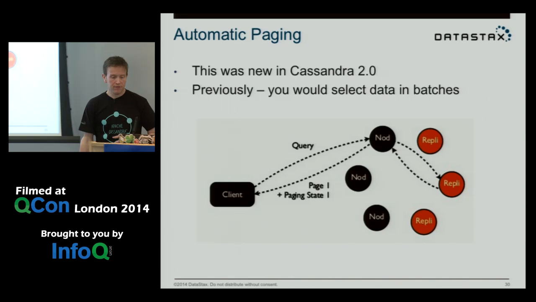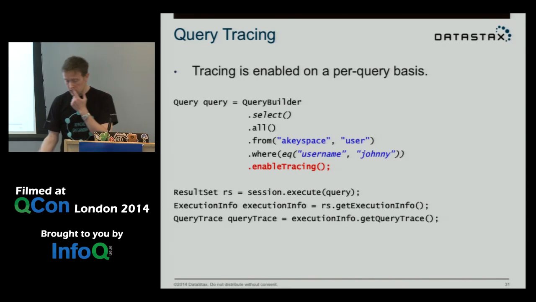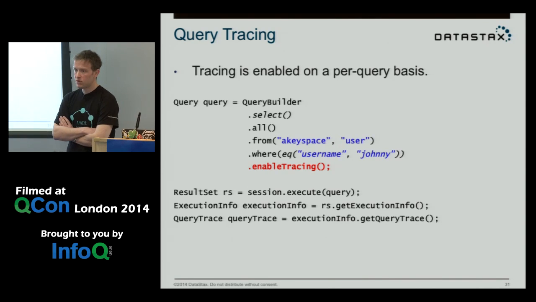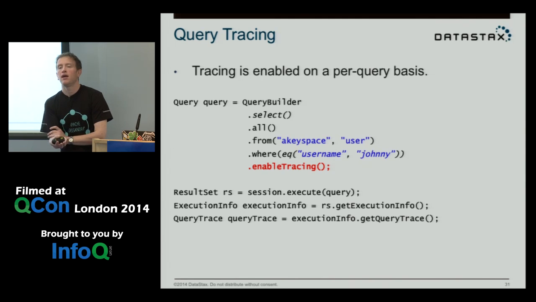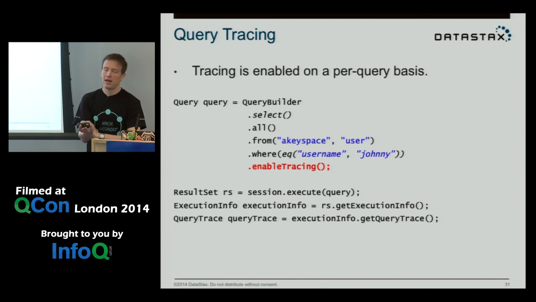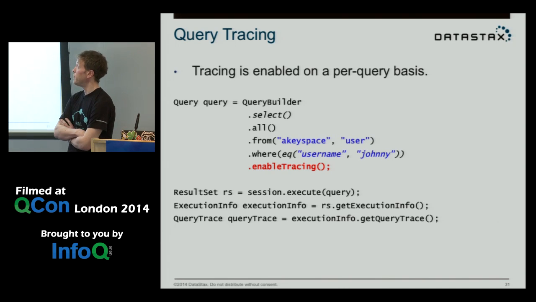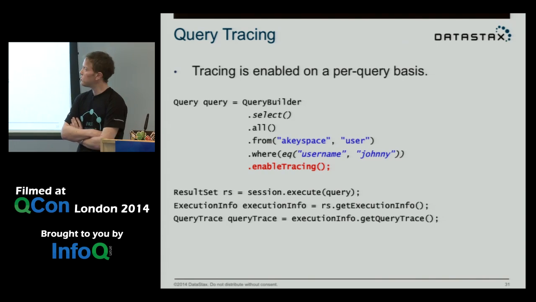Other thing we've discussed, and I showed you the example before, was tracing. So in exactly the same way from the CQL command line, you can trace and get your results back. You can also do this within the driver as well. And all you simply do is, regardless of using a query builder or just your own statements, call enable tracing on there.